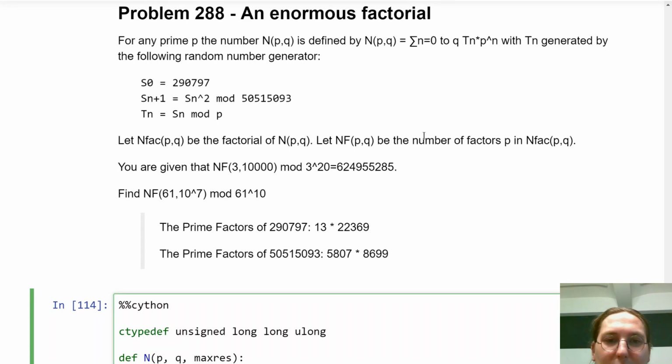It is said, and it seemed plausible when I heard it, that NF is the number of occurrences of the factor P in the factorial of N.